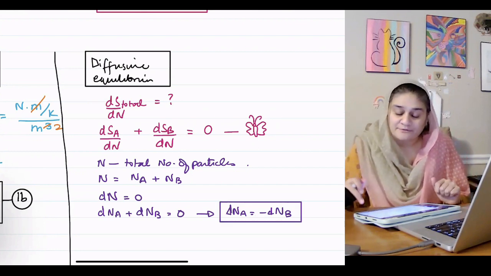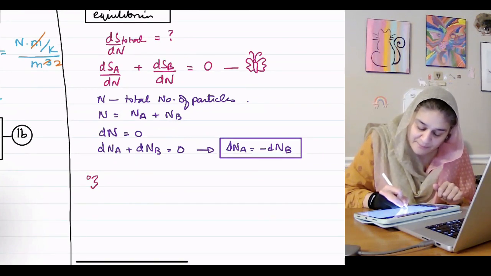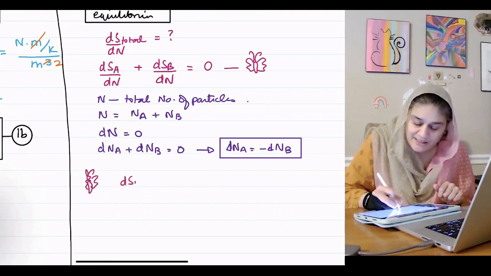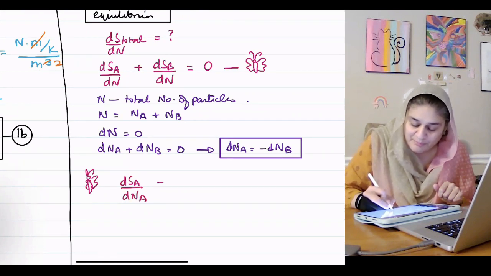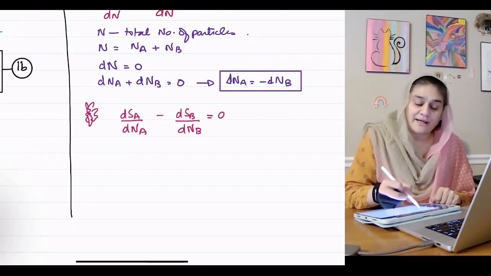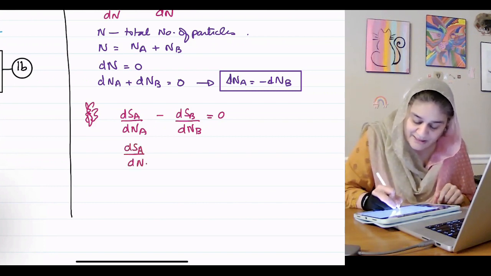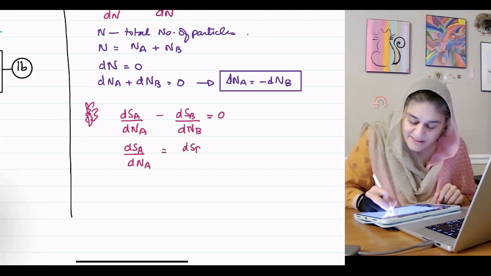So my butterfly equation will now become dSA over dNA minus dSB over dNB equals 0. So can I rewrite this expression as dSA over dNA equals dSB over dNB?